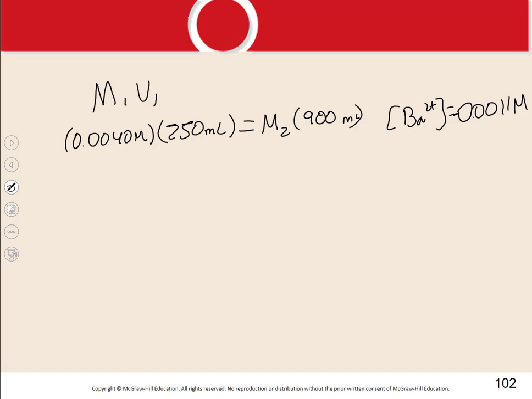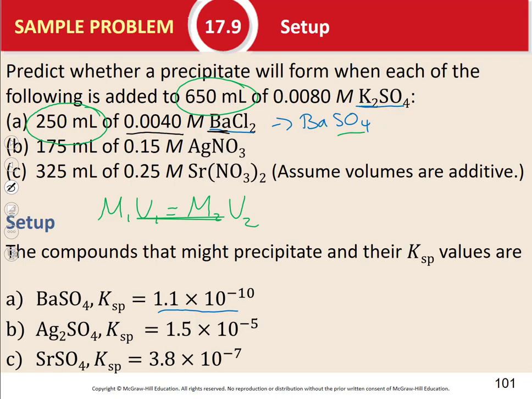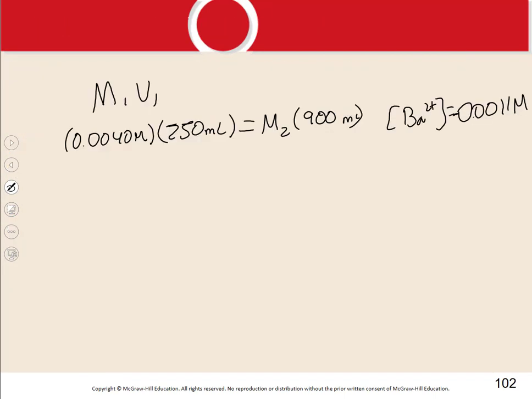Now let's find our sulfate ion, because that's the second part here. So we're going to do the same thing for the sulfate. So sulfate is also 1-to-1. So we can use the molarity of it times its initial volume. So its molarity is 0.0080. Its initial volume was the 650 milliliters. And after mixing, we had 900 milliliters.